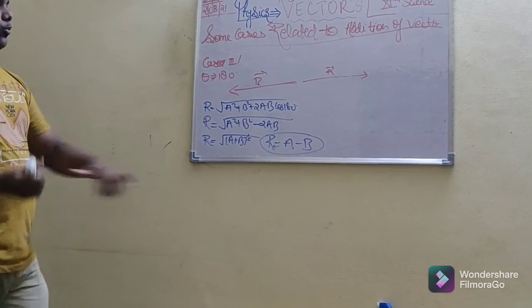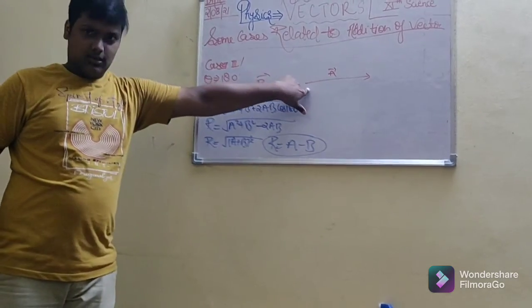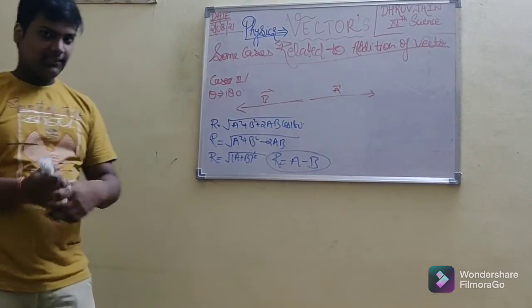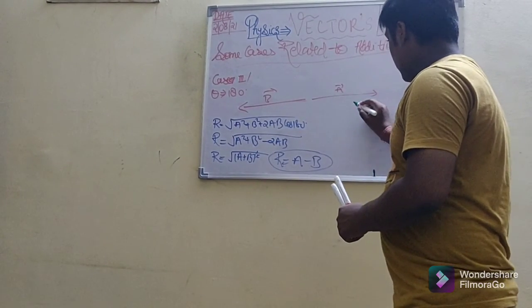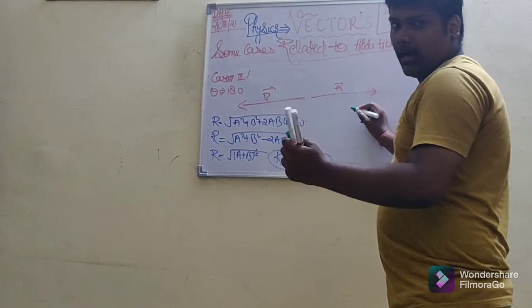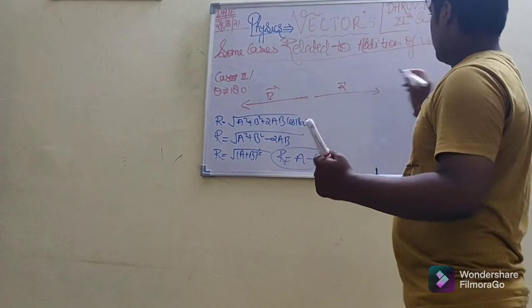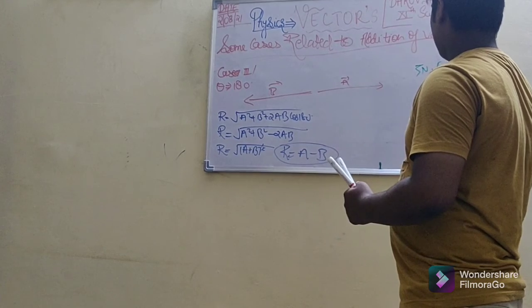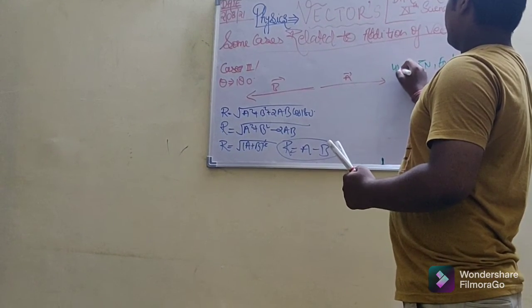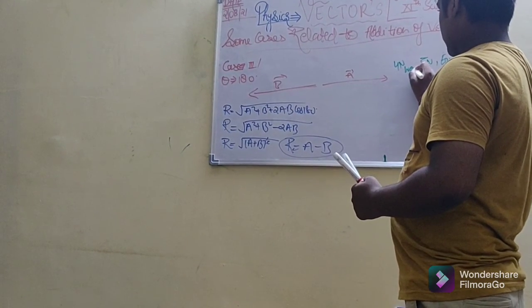So when two vectors are opposite, let us say I will give one example: a force of 5 Newton is applied in the east direction and a force of 4 Newton is applied in the west direction.